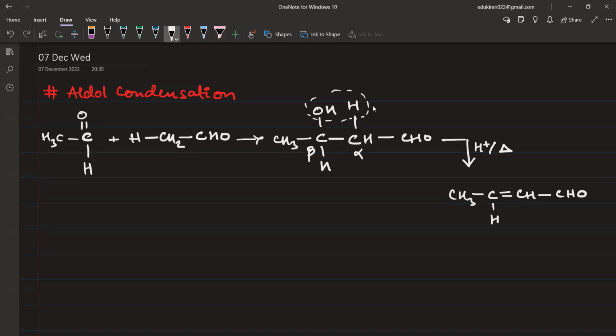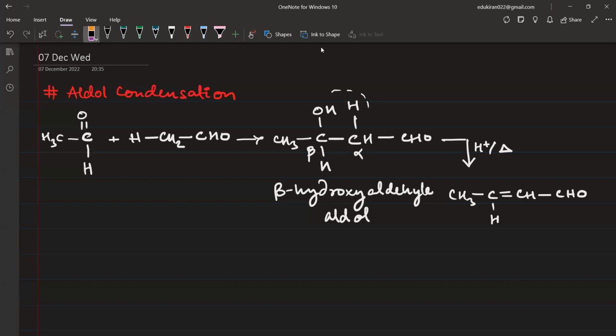So what is this? This is a beta hydroxyaldehyde or beta hydroxyketone. In this case, it is an aldehyde. And this is known as aldol because it has a carbonyl carbon and it also has a hydroxyl group. That is why it is known as aldol.